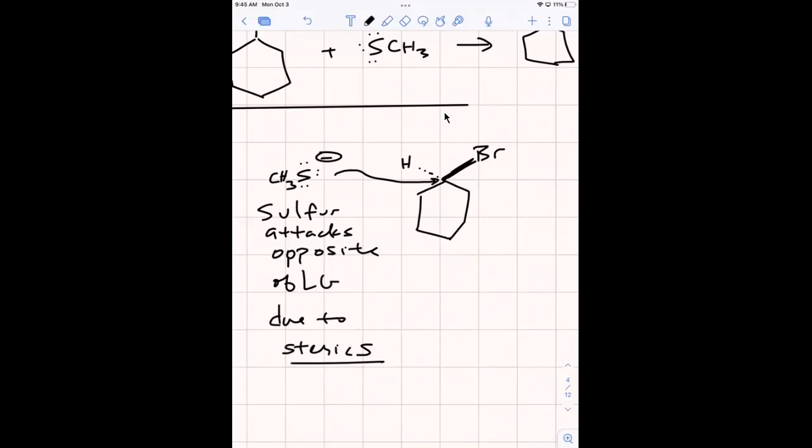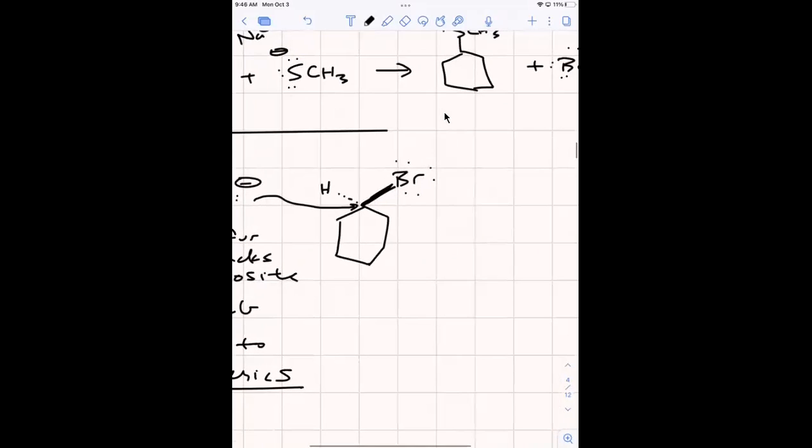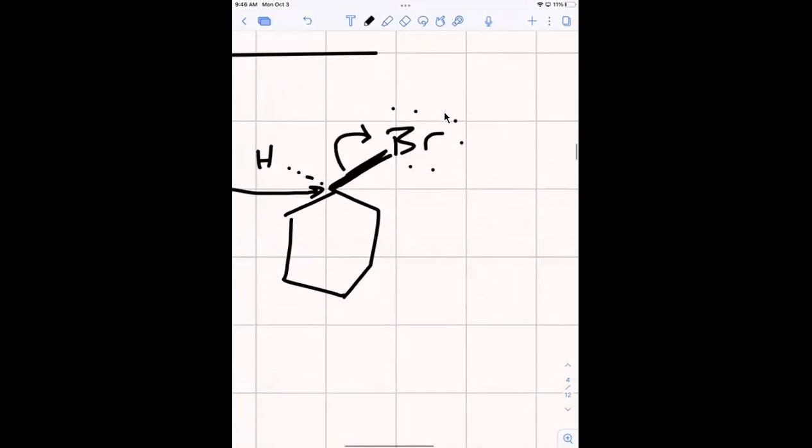And that's going to be due to sterics, right? It doesn't want to come from the same side because it's going to end up bumping into, for lack of a better expression, your leaving group. And that's going to raise the overall reaction energy, and that's not good. So that's coming there, and I'm losing my leaving group at the same time.